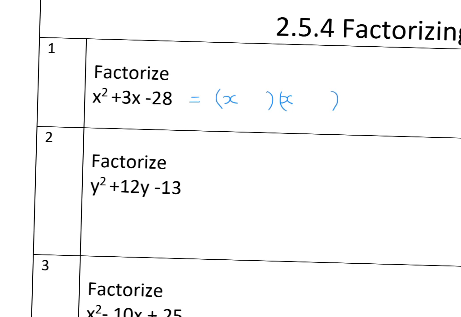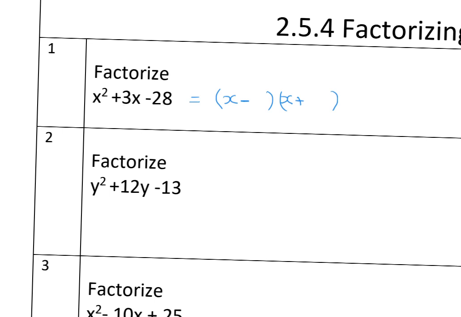We need two numbers: if you multiply, you get negative 28, and if you add, you get 3. Because it's negative, one of the two numbers is negative and the other positive. We need to find these two numbers.